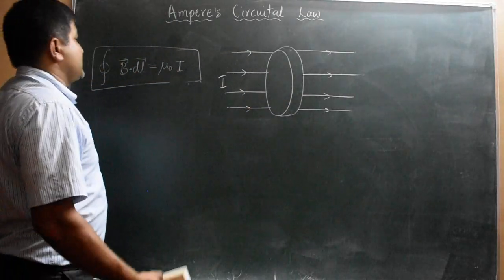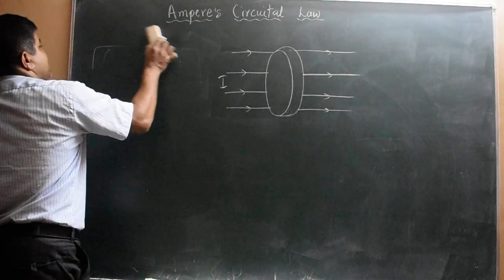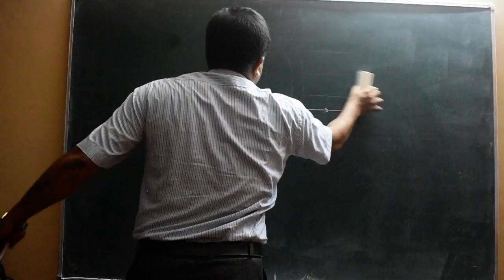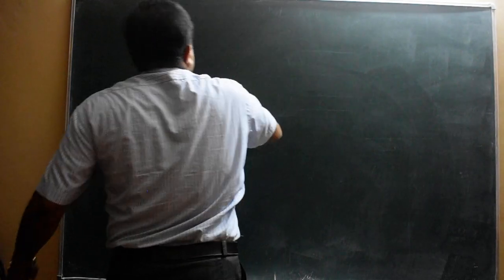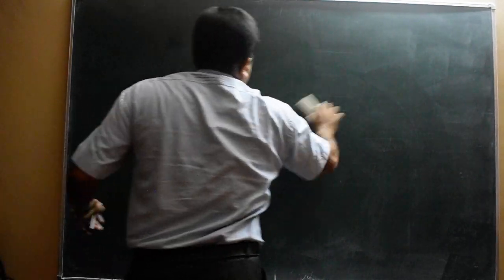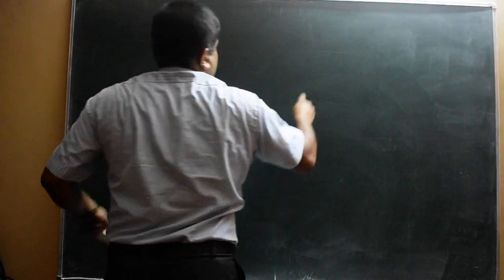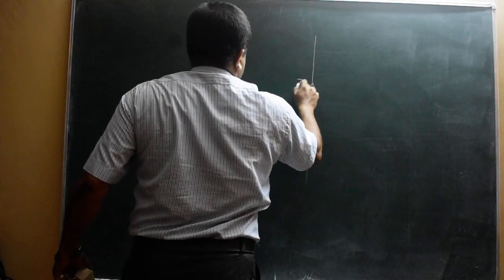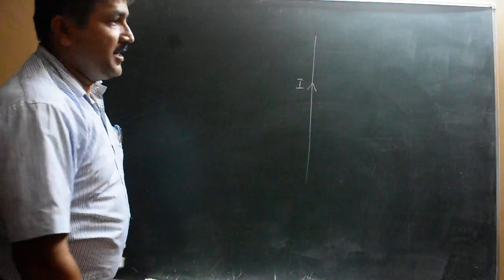And then comes the application of this Ampere circular law for finding the magnetic field due to an infinitely long straight current carrying conductor. For convenience, I will take the current going upward.